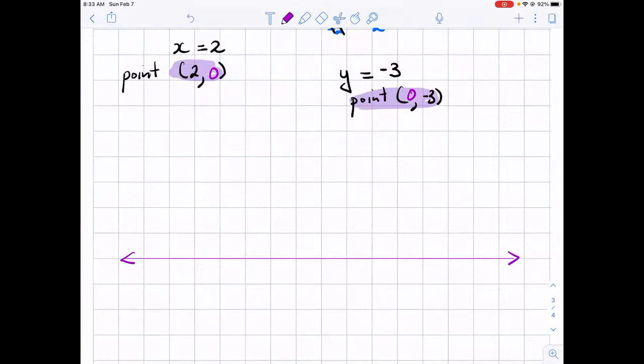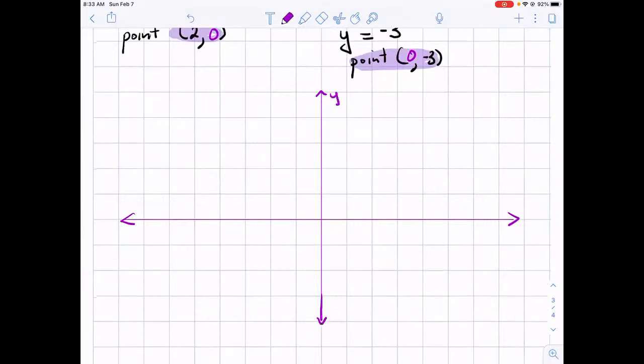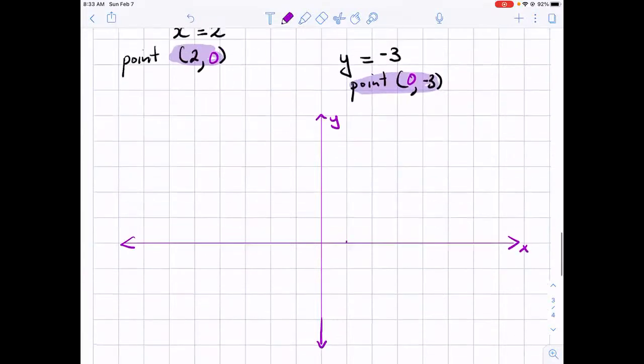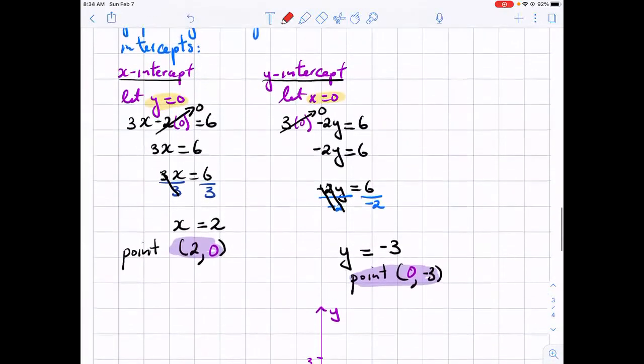So if I make my XY axis and I plot the point 2, 0, which will be here, it does fall on the x-axis because that was my x-intercept.